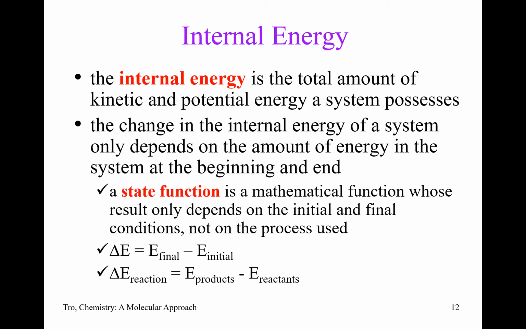A state function is an entity that only depends on the initial and the final, the beginning and the end, not the process by which it happens. Again, final is products and initial is reactants. This is a good thing to just memorize. You'll see this all year long, and if you're a bio person in OChem, same thing. Energy of the products minus energy of the reactants tells you the energy of the reaction.